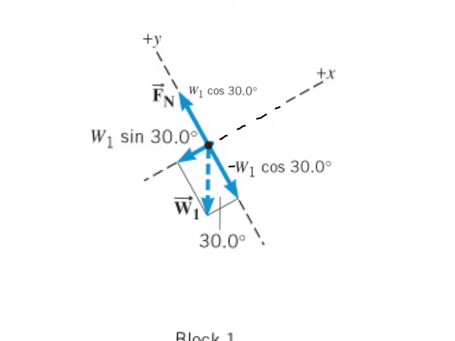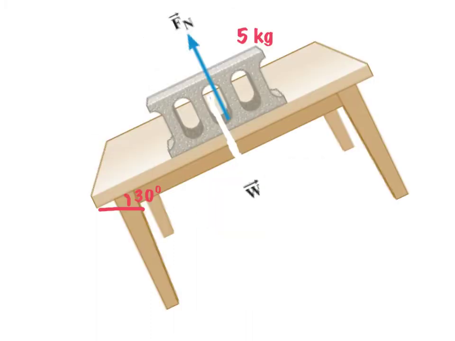So let's take a look at an example. So here we have a 5 kilogram brick sitting on the surface of a table that's being tilted at an angle of 30 degrees. And we're going to take a look at all of the forces that are acting on our brick. The first force we're going to look at is the force of gravity pulling down on the brick. Now gravity doesn't care that the brick is on a table that's slanted.